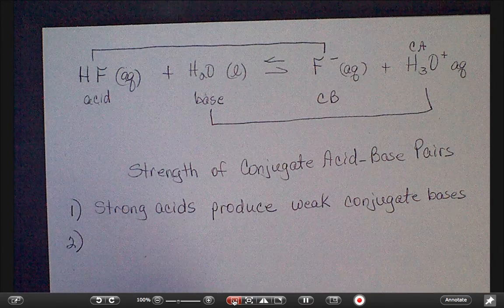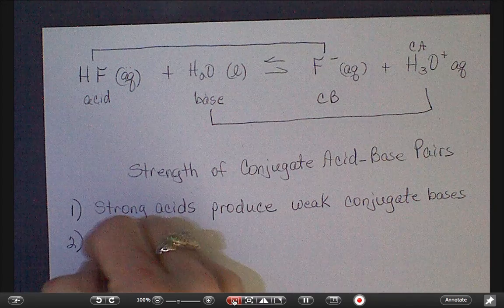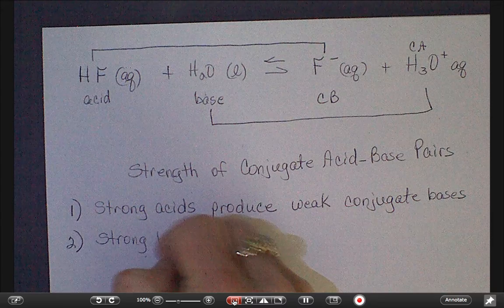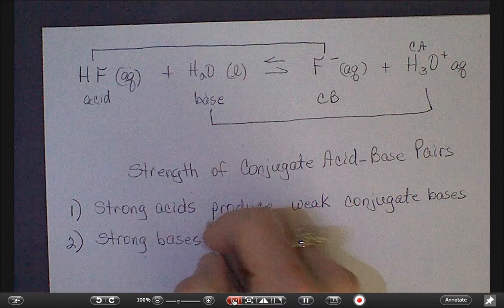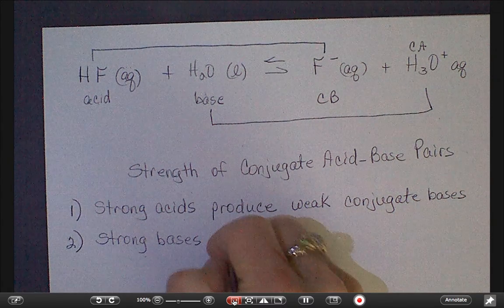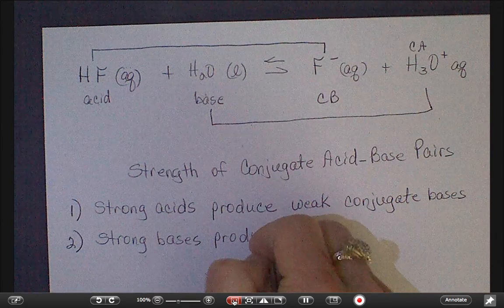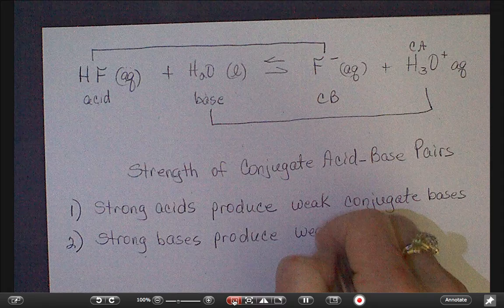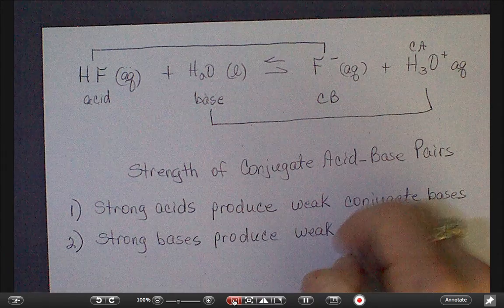Number 2, strong bases. Produce what? Weak conjugate acids.